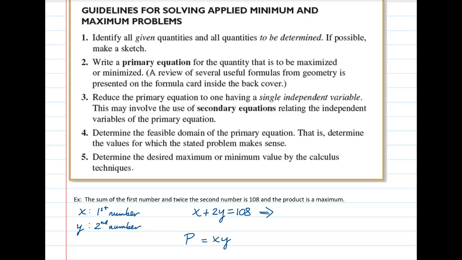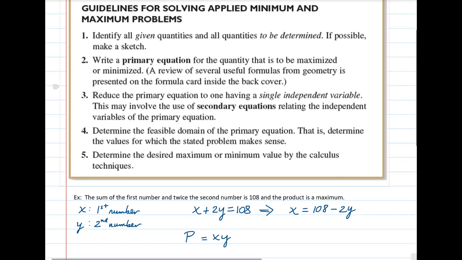Now, following the guidelines, I need to write P in terms of just one variable, either x or y, it doesn't matter. For that, I'm going to use the secondary equation. The first equation, the one that was given by the problem, x plus 2y equal to 108, becomes my secondary equation. I'm going to solve for x.